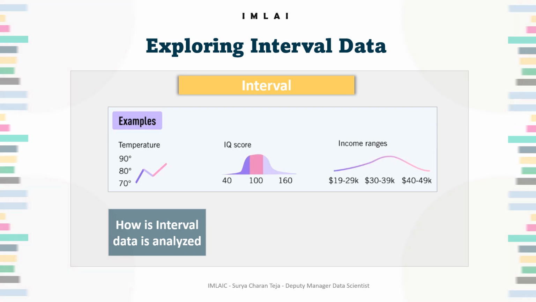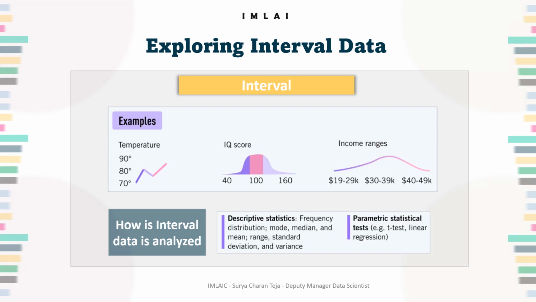One of the first steps in the data analysis process is to summarize your data. For interval data, you can obtain the following descriptive statistics: frequency distribution, mode, median and mean, range, standard deviation and variance.